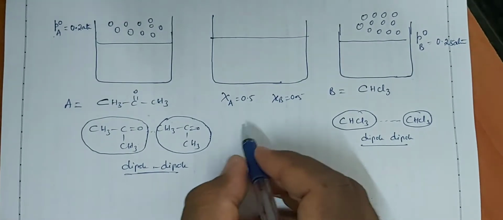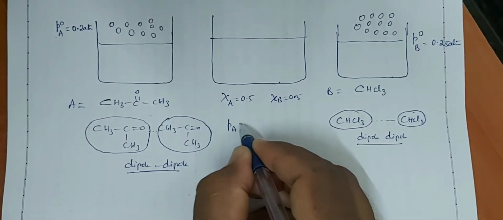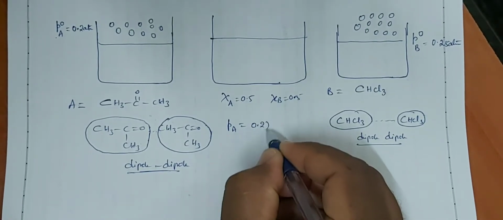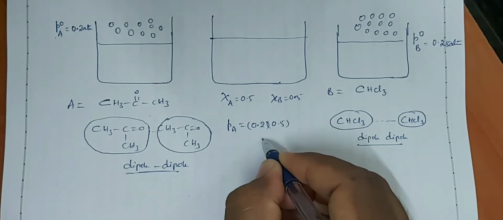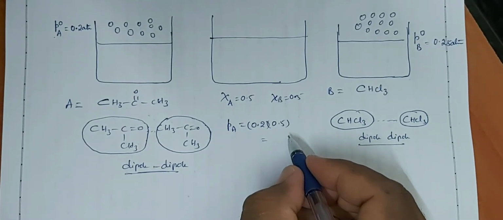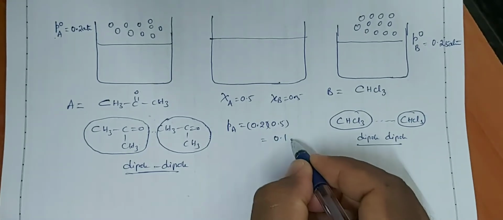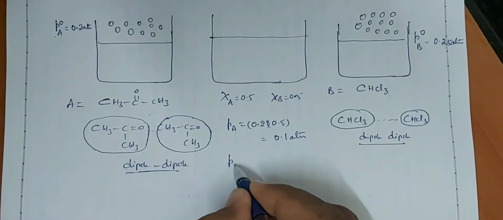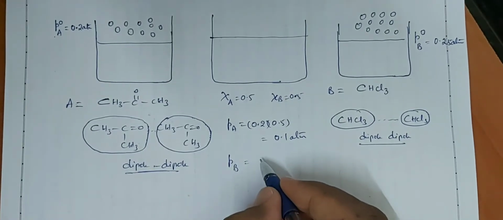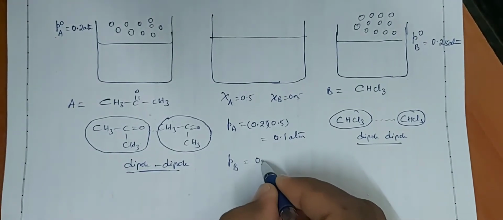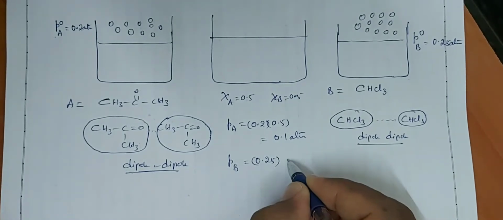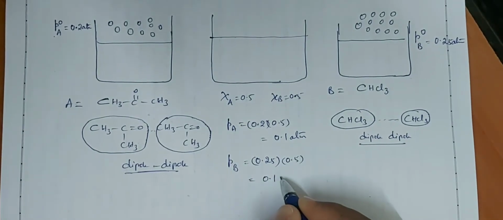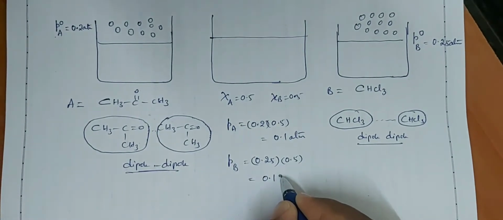If chi A is equal to 0.5, partial vapor pressure of A is equal to P naught A into chi A, 0.2 into 0.5, is equal to 0.1 atmosphere. Same, Pb is equal to P naught B into chi B. P naught B is 0.25 into chi B 0.5, 0.125.